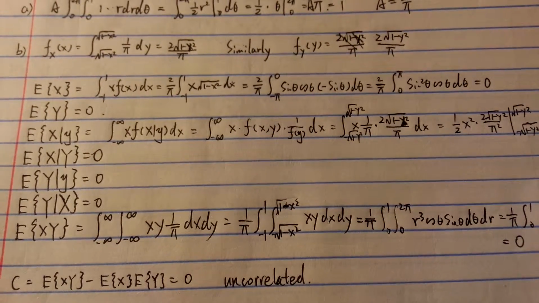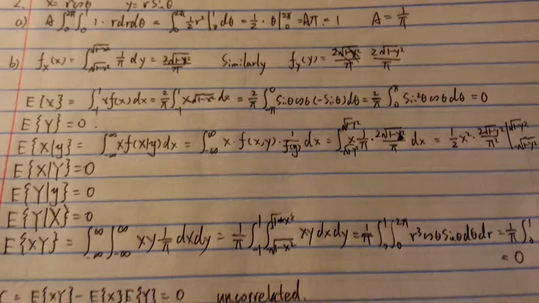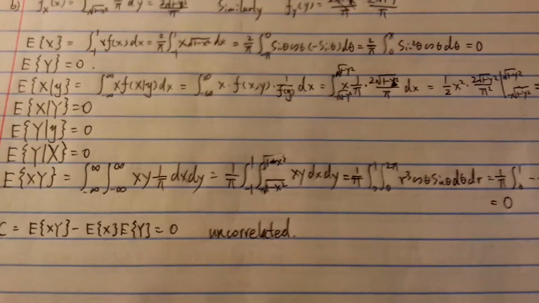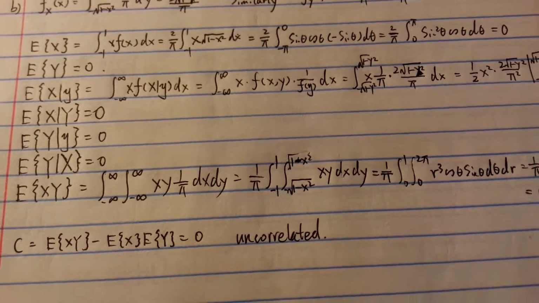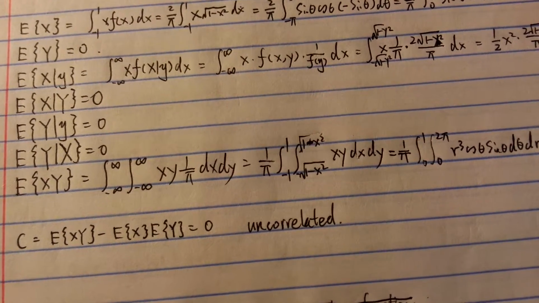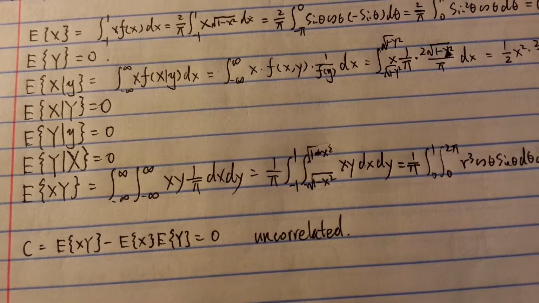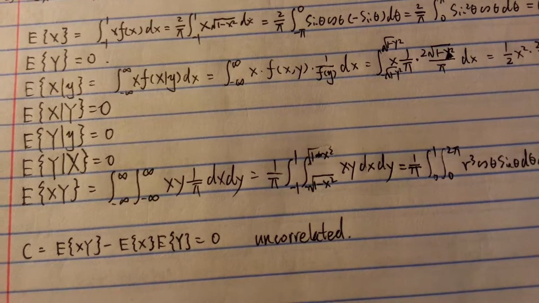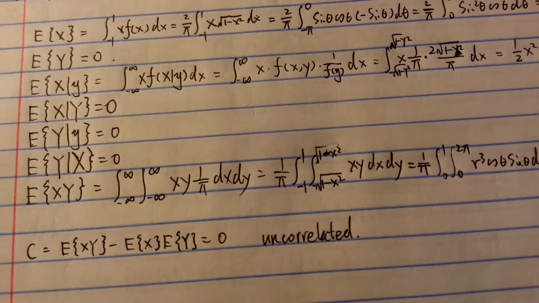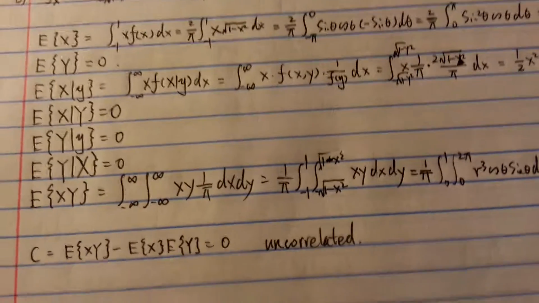What we need to do is to integrate x times y times 1 over pi, and this is also equal to 0. Finally, the correlation coefficient is just equal to the expectation of x times y minus the expectation of x times the expectation of y, and this is just equal to 0. So these two random variables are uncorrelated.